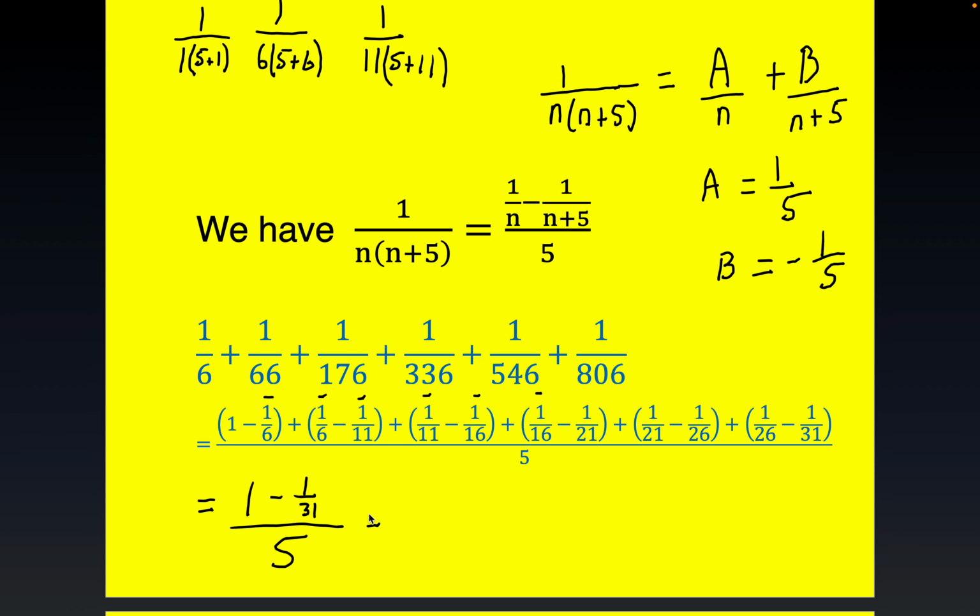Now, this is 30 over 31 in the numerator. One way of thinking of this, folks, if some people still battle this, I've noticed when teaching this stuff, is that 1 can be written as 31 over 31, right? So that's where this comes from. Remember, we're trying to show the whole thing is less than 1/5.